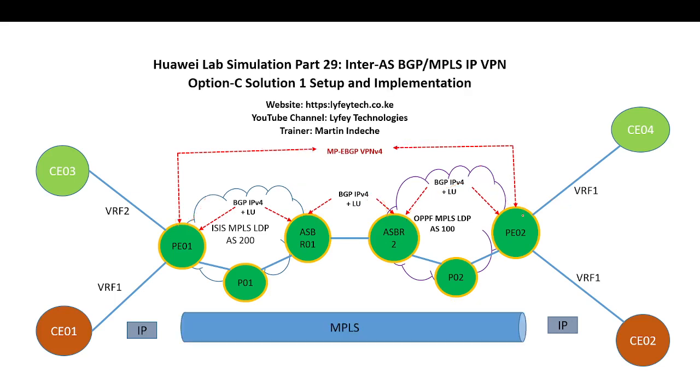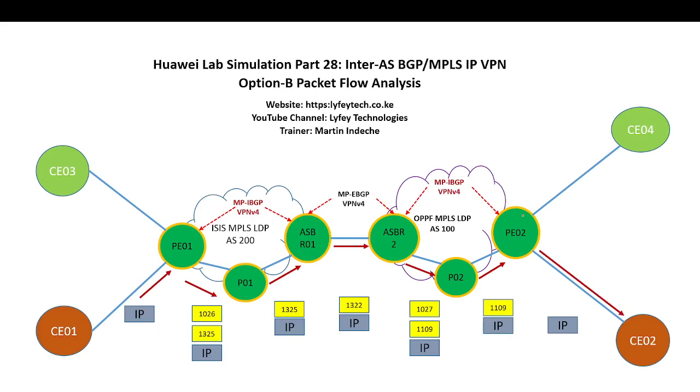So with option B, we mentioned that this is the setup for option B. You can see the packet flow. We don't have an end-to-end inner label that is being used to transport traffic on our network. So you can see that there is a change in labels.